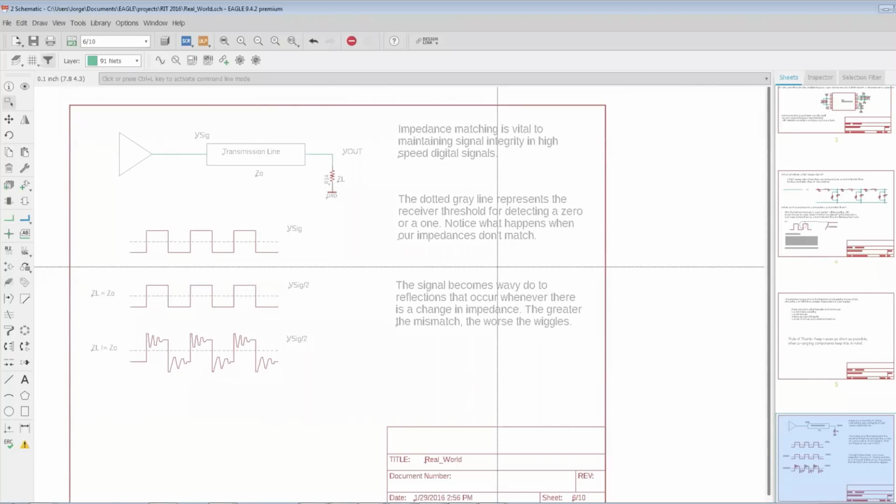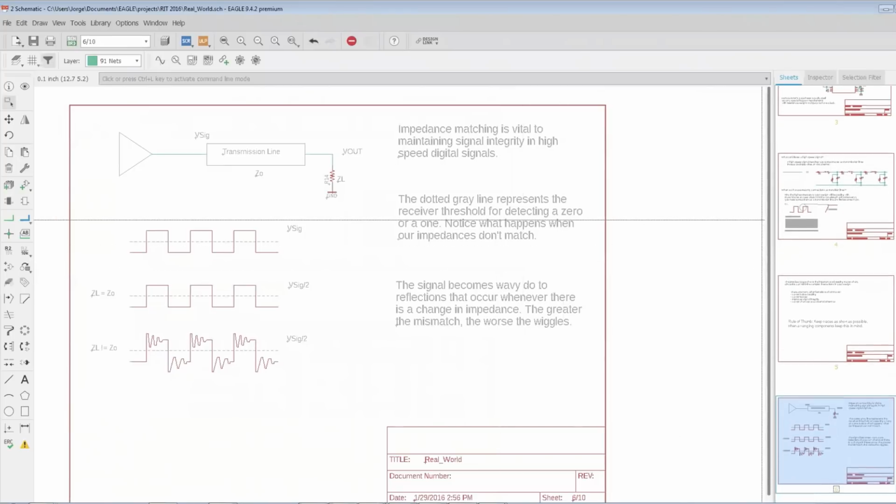Depending on lengths and things like that, they may be serious, they may be not. So again, in other webinars, we'll go into more detail about this, but that's something you want to keep in mind here with signal integrity. Impedance matching is vital to maintaining signal integrity. Any impedance mismatch will create distortion in your signal, and that can lead to your product not functioning properly.